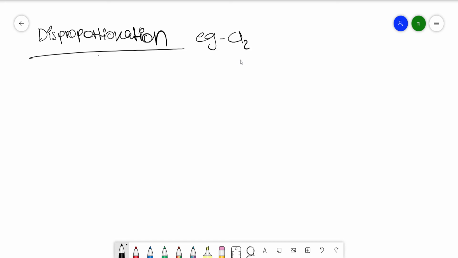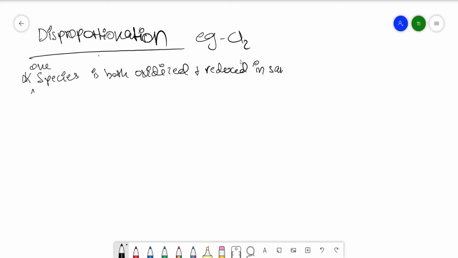Disproportionation is basically the type of reaction in which one species is both oxidized and reduced in the same reaction.